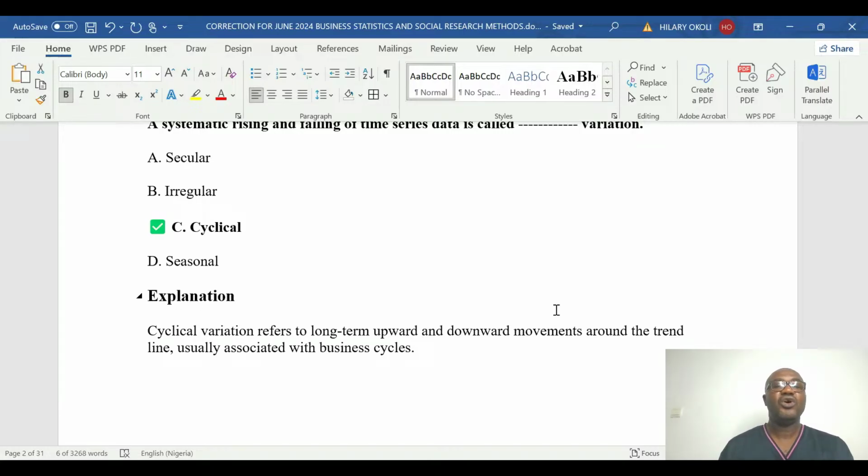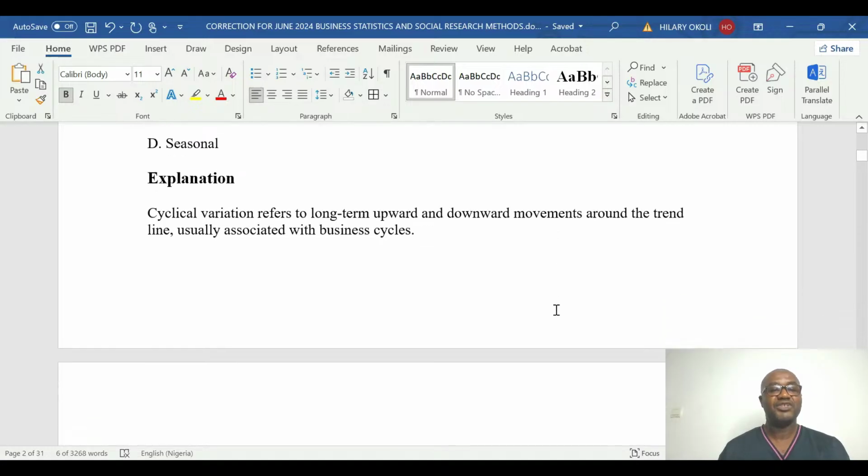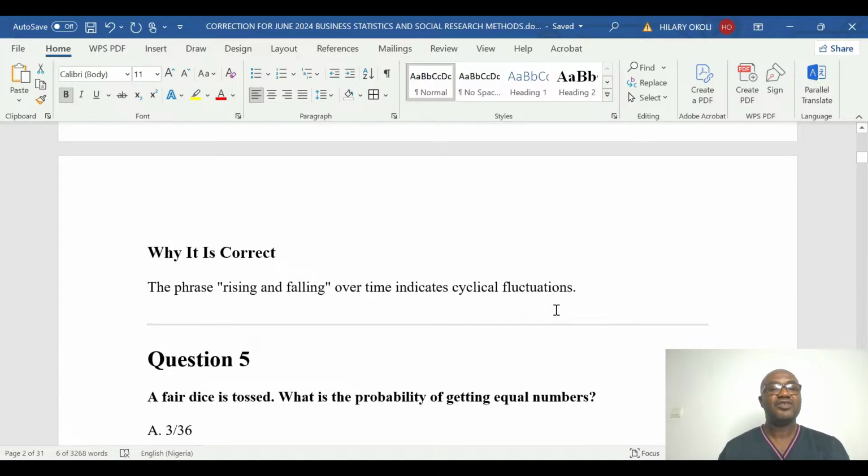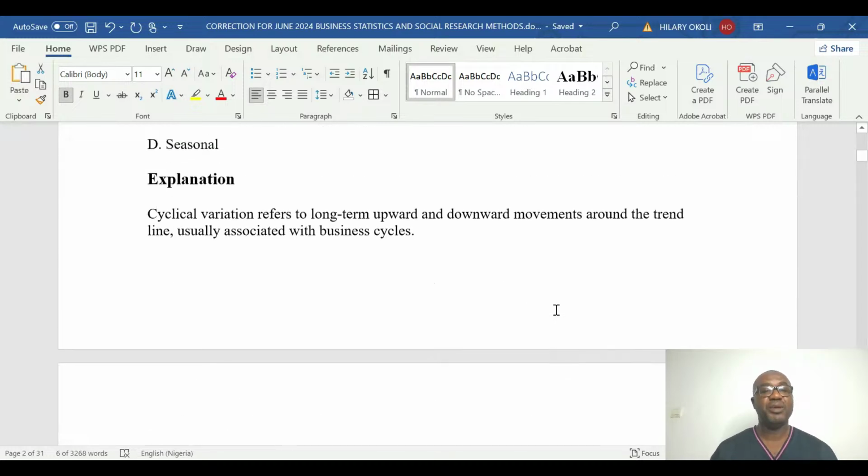So that's what we call cyclical variation. Why is it so? The phrase rising and falling over time indicates fluctuation, cyclical fluctuation. So recall this rising and falling so that you can remember.